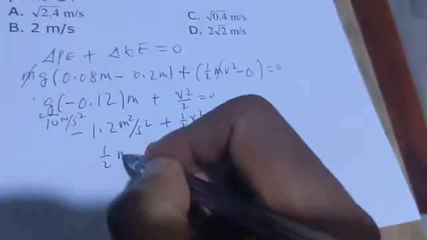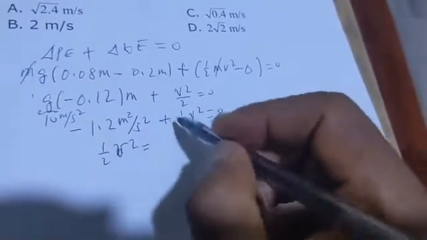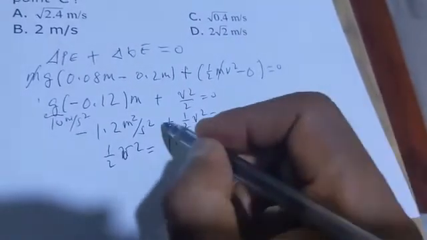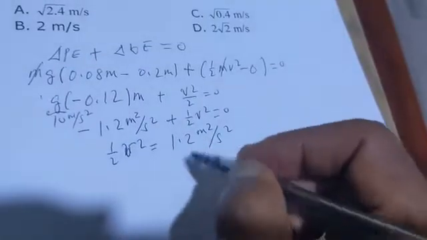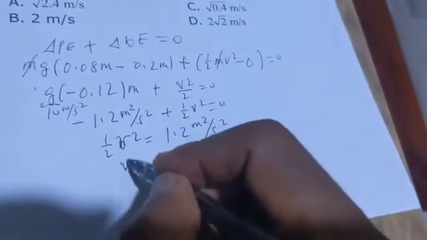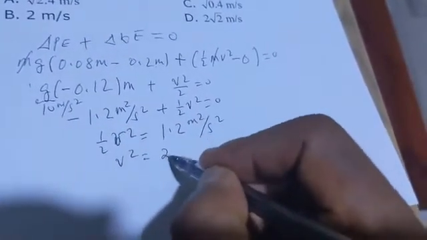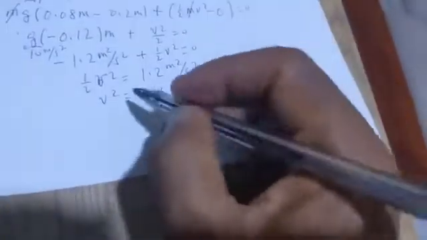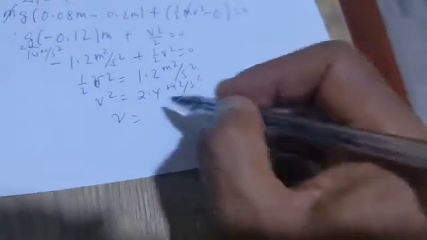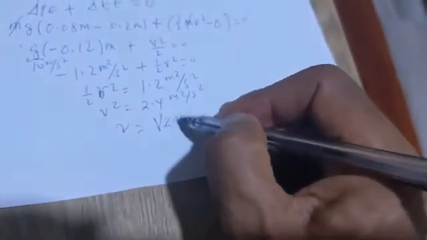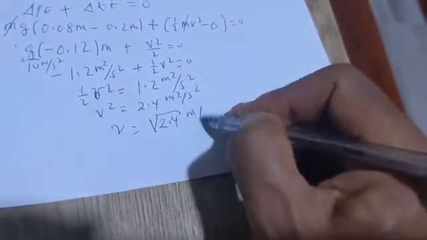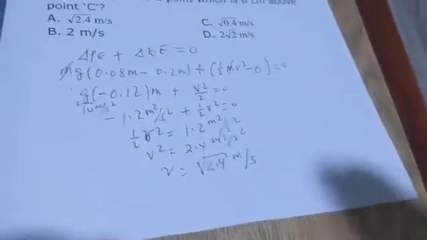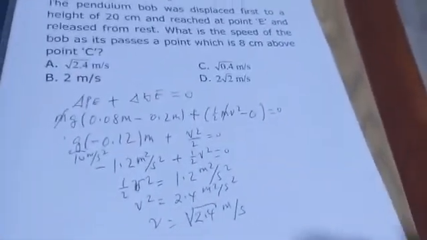Then half v squared is equal to 1.2 meter squared per second squared. Then v squared is equal to 2.4 meter squared per second squared. Then v is equal to the square root of 2.4 meter per second. This is the velocity at a point 8 centimeters above point C.